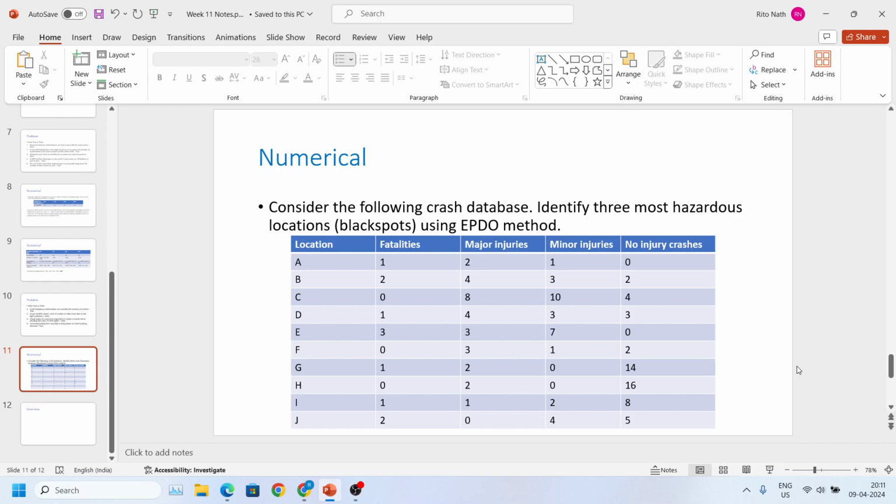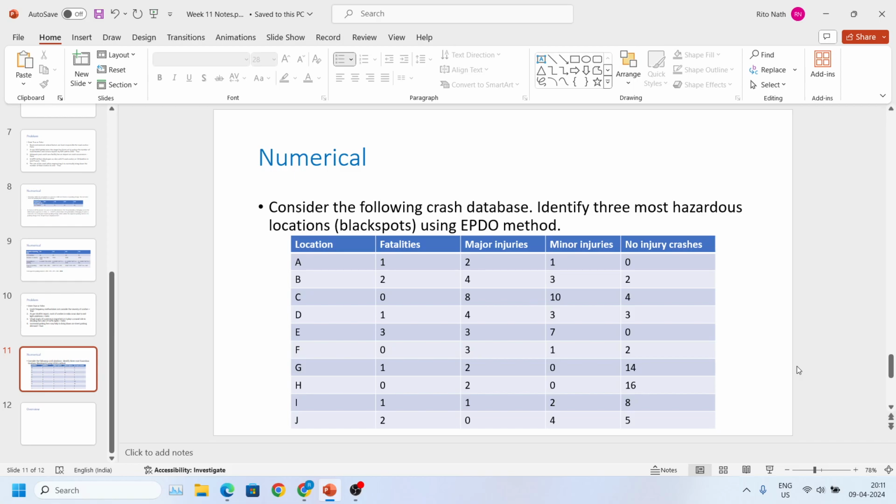And then you have to take the weighted sum of all this, and the three weighted sums that are highest will be the answer to this problem. So you can try this out. First, you can take this data, then I'll solve it in the next slide.